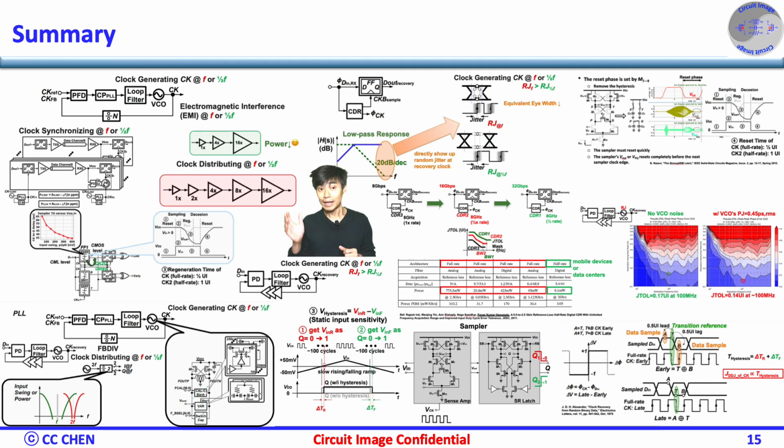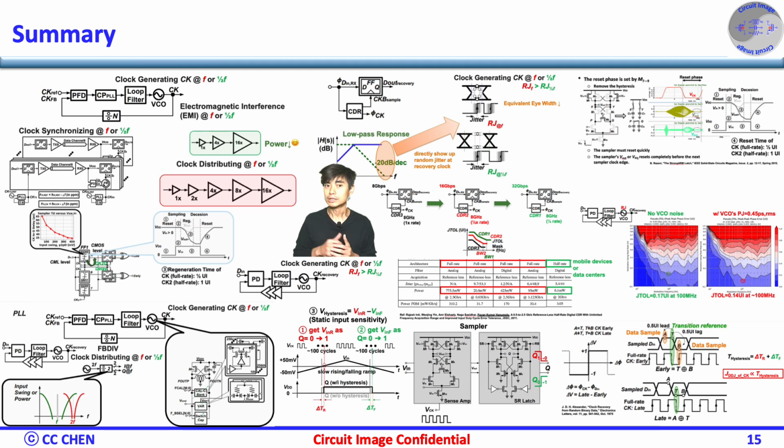Even though the half-rate CDR introduces the complexity of multi-phase generation and correlation with a longer latency than the full-rate CDR, the half-rate CDR can achieve low RJ and DDJ with a low power and low complexity solution.